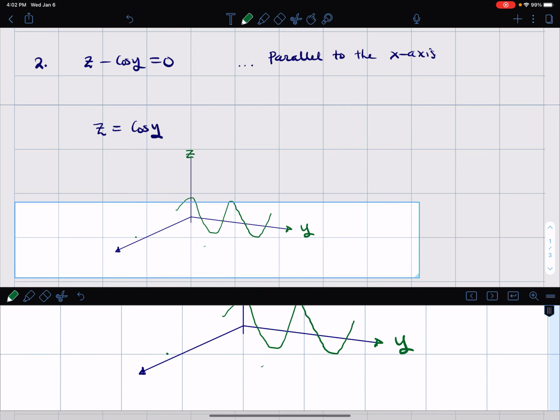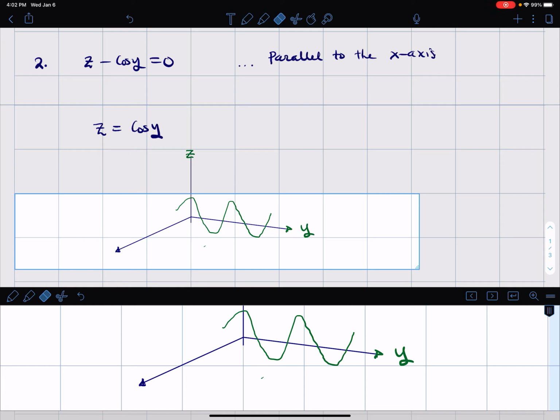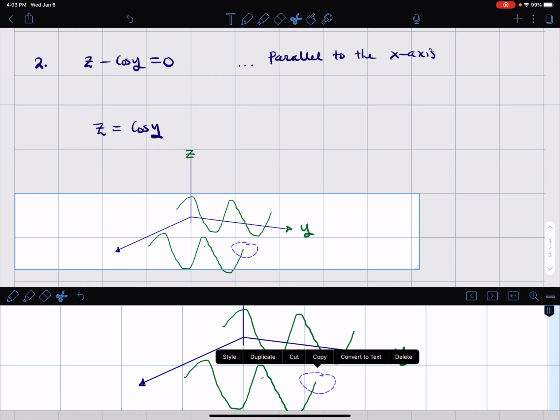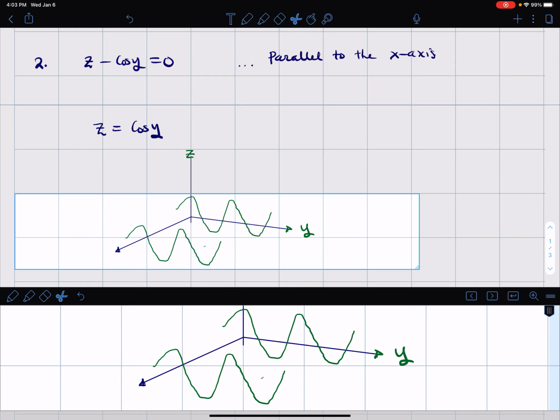So let's see if I do this. No, I'm going to cheat. I know what I'm going to try now. I'm going to copy this, and then I'm going to paste it here. Let's see what happens. Does that work? Okay, maybe.